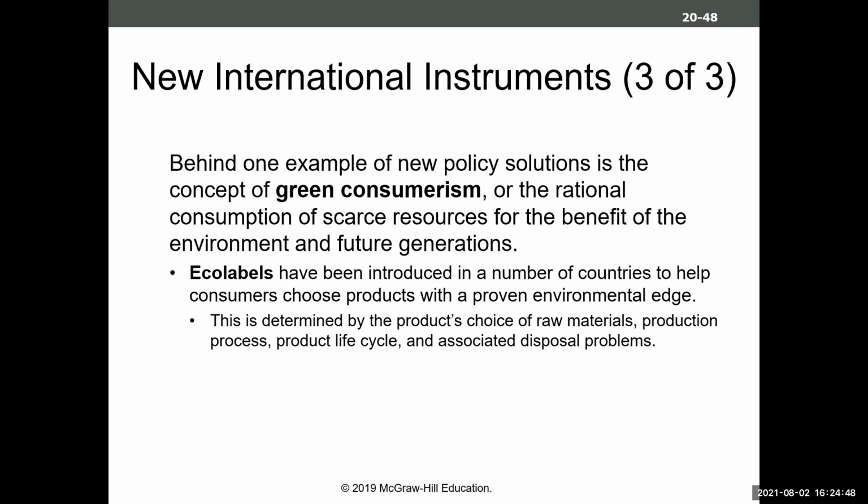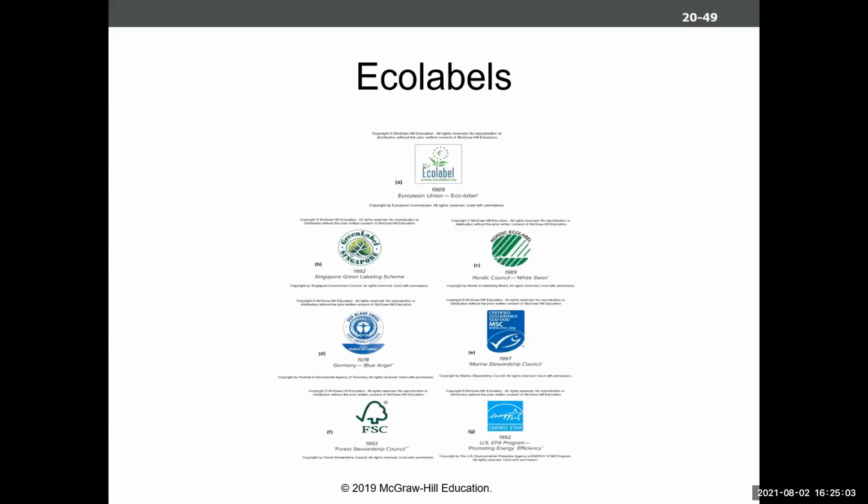One example of good policy is green consumerism. So basically you can have eco labels to help consumers choose products that are environmentally friendly. And so you can choose what to buy and what to consume based off of how much energy it's using and its effect on the environment. One of the big ones, I know, for the US is the Energy Star appliances.